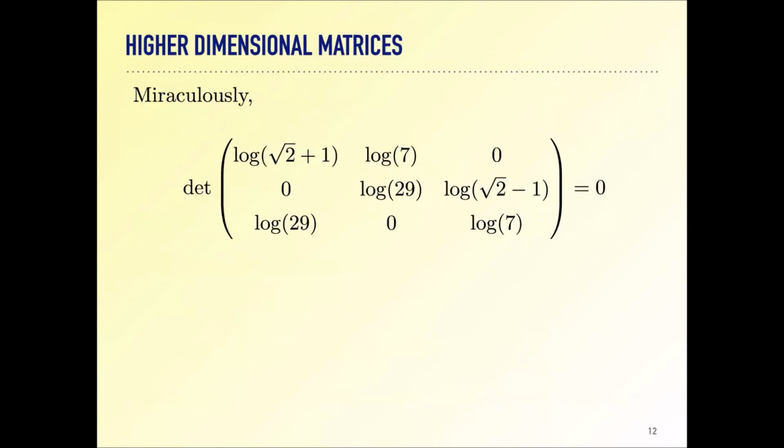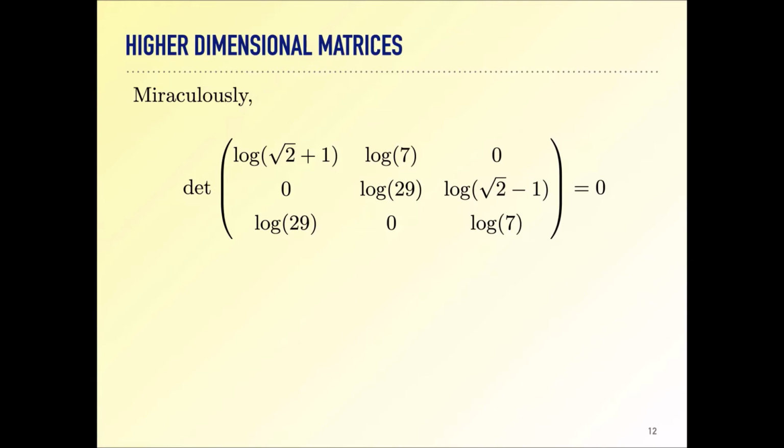And now you might think that this generalizes to higher dimensional matrices, but it's not true. So for 3 by 3 matrices, if you think that for a 3 by 3 matrix of logarithms of algebraic numbers, the determinant vanishes, then the rows or columns have to be linearly dependent over Q. This is false. Okay, and there's this very famous example given here. Okay, I'm being slightly cheeky. This is not a famous example, and this is not some weird coincidence of logarithms of algebraic numbers matching up in some fancy way.